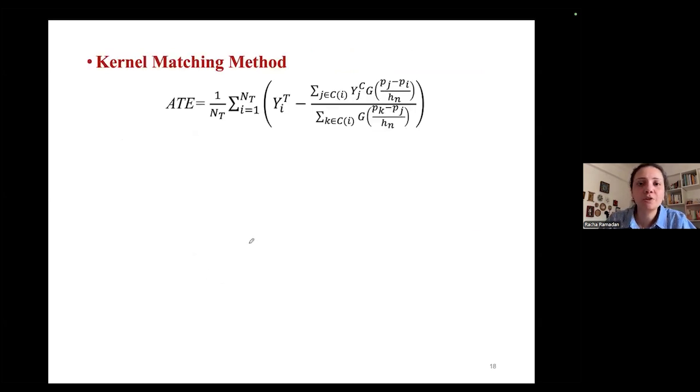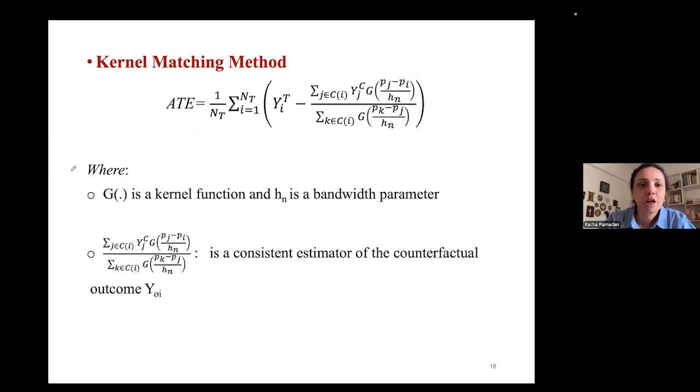In other words, for the kernel function, the average treatment effect will look like this. We have the outcome of the I's individual of the treated group. And here you don't have a simple value of the outcome of individual J, or the average of the closest neighbors. No, you have the kernel function and a specific bandwidth parameter, and you weight, as you can see here, the outcome of, sorry, this is C, not T, the outcome of the different individuals in the control group or the counterfactual group.